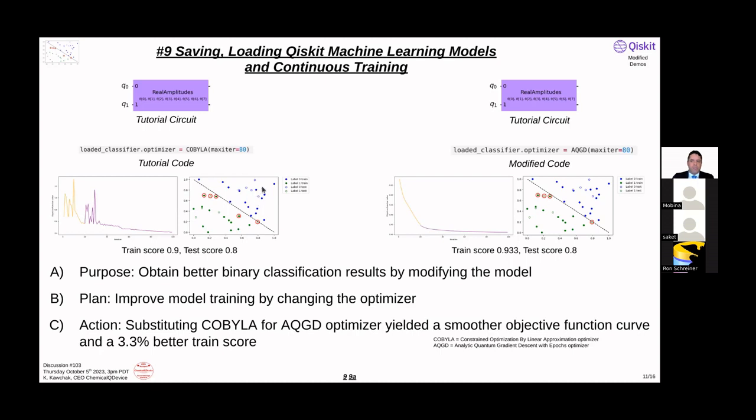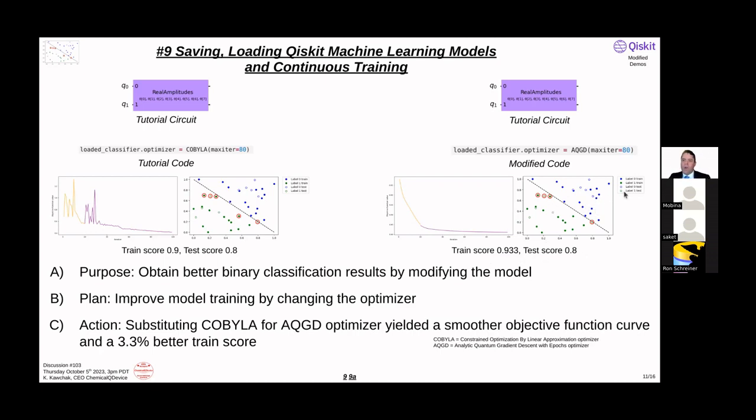COBYLA is the optimizer. Now, in this specific case, you see 5 of these with red circles as the train score, or actually, hollow and solid stand for different things. But nevertheless, train score 0.9, test score 0.8, and in this case, a little bit better on the train score, so 0.933, and then the same thing for the test score.